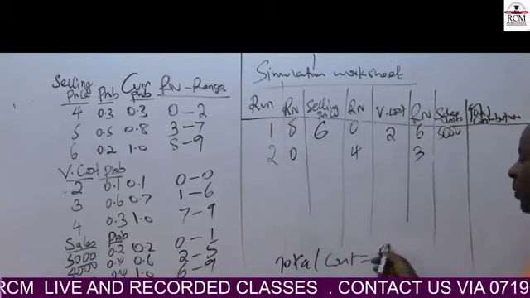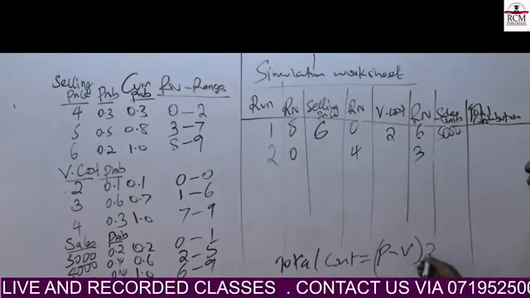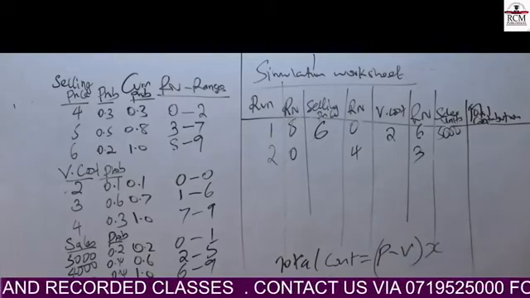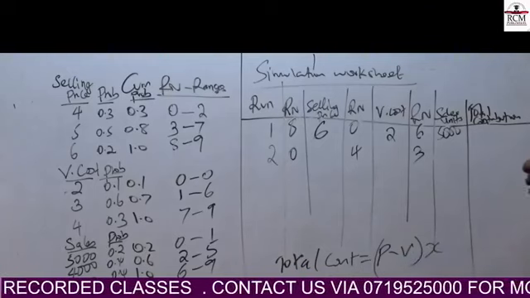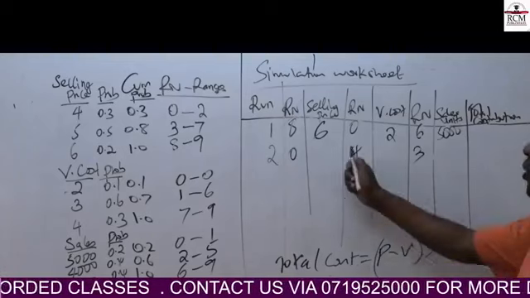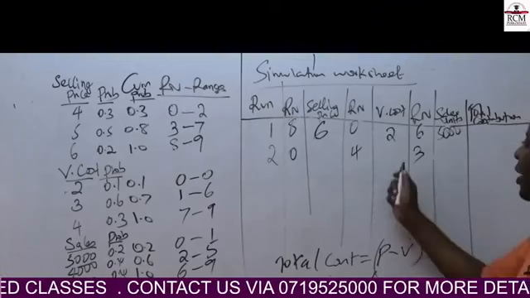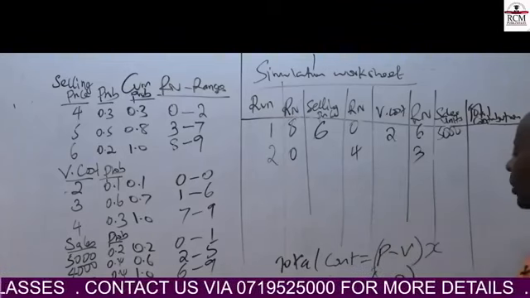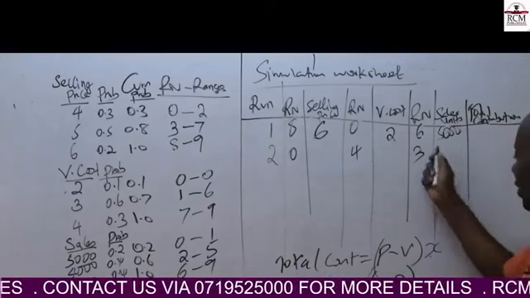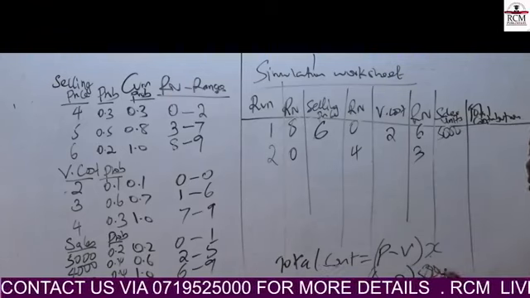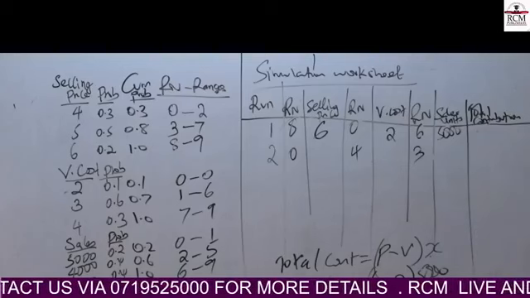We normally take price minus variable cost multiplied by number of units. So the selling price is 6 minus variable cost here is 2 multiplied by number of units, which for this run is 5,000. Could you kindly give me the total contribution here for run number 1?